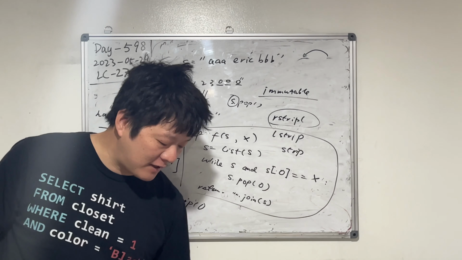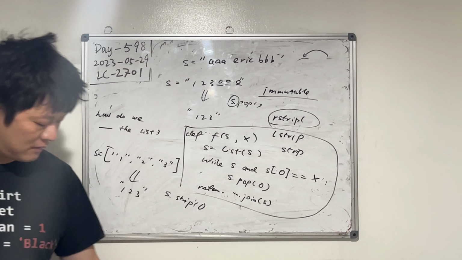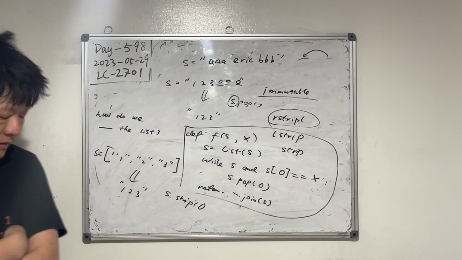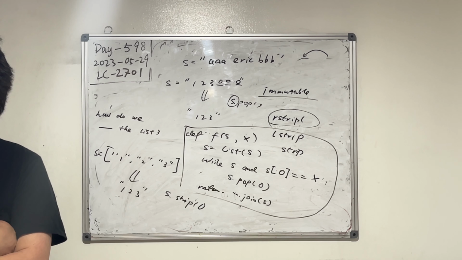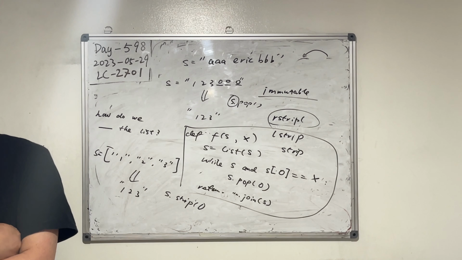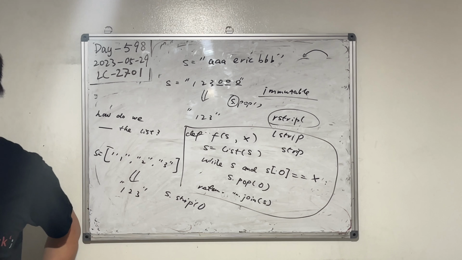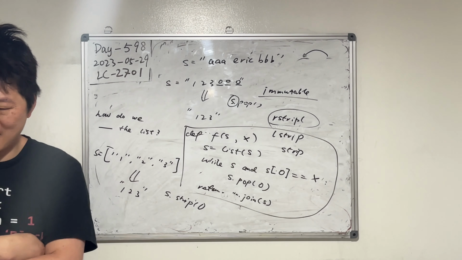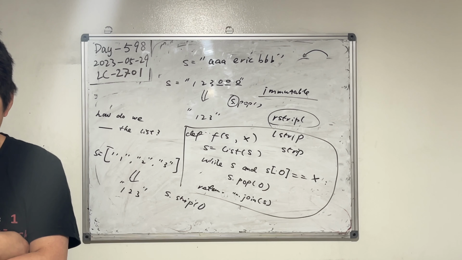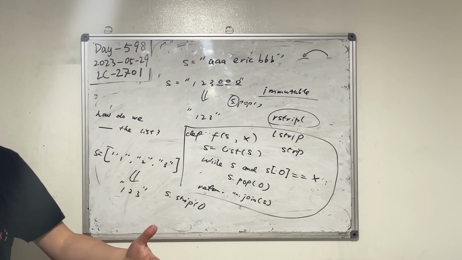What have you learned today? We learned about removing the trailing zero from a string, from the end. What kind of functions have you learned today? rstrip, lstrip, and strip.